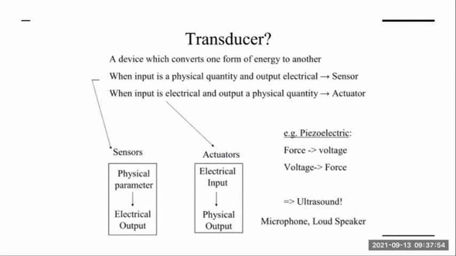The electrical signal that goes to the speaker is being converted into sound. The input of the speaker is electrical, the output is sound, which is a physical quantity, so the speaker is an actuator. The microphone is a sensor and the speaker is an actuator, but they're both transducers because they're converting one form of energy to another.